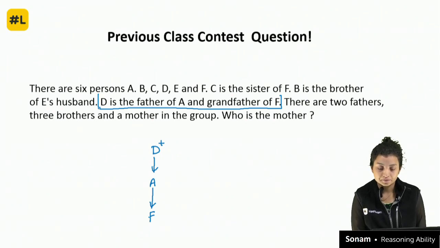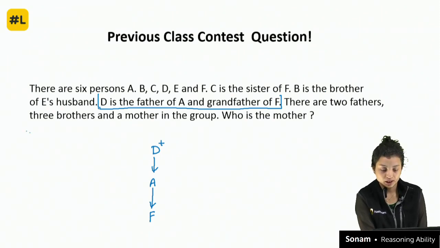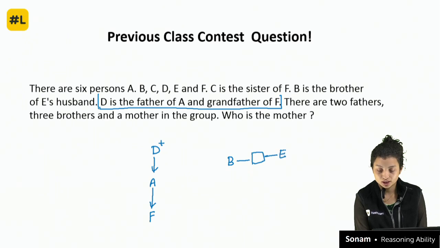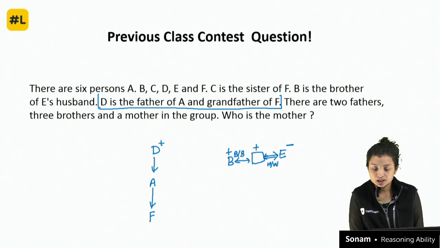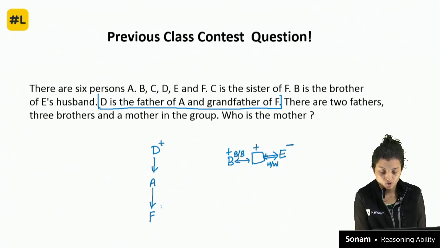Now next, B is brother of E's husband. So E is definitely female. She is married to some other person, male, and B is male, he is brother of this person. They are brothers, and this is husband and wife.